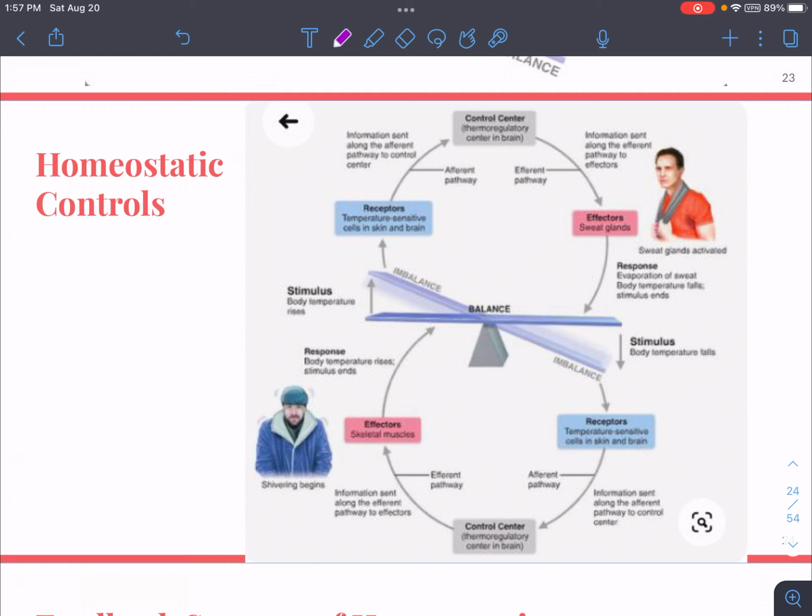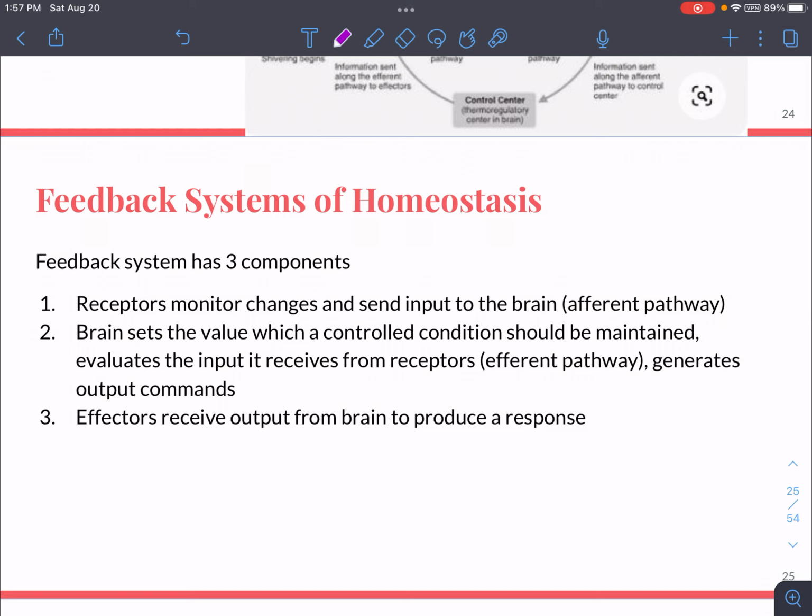So we have a feedback system with homeostasis. There are 3 components to that feedback system. We have receptors that are always monitoring any kind of change, and they send input to the brain. That's through afferent pathways. Afferent is always going to the brain.